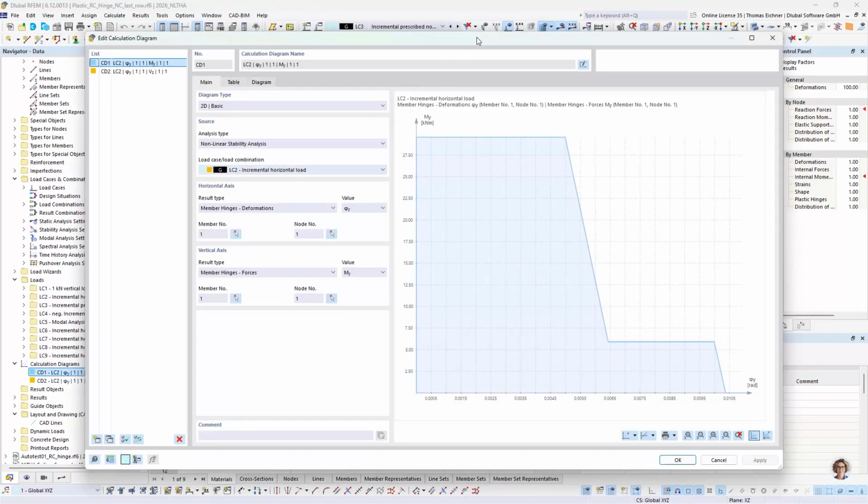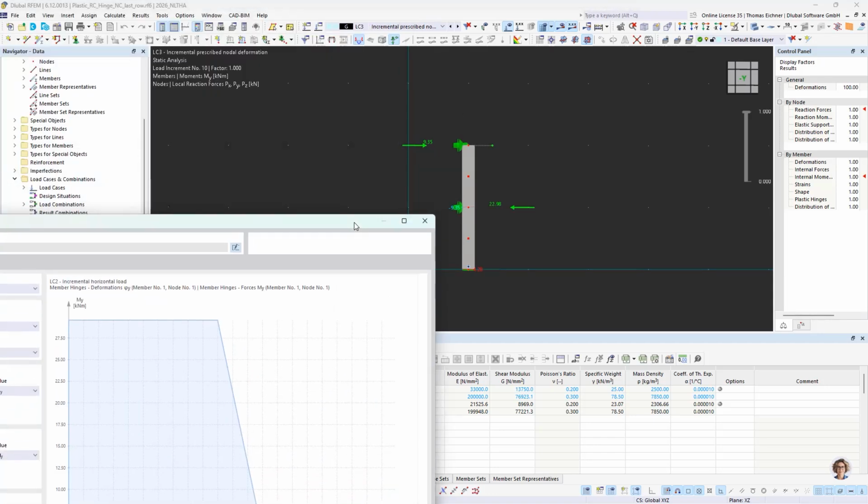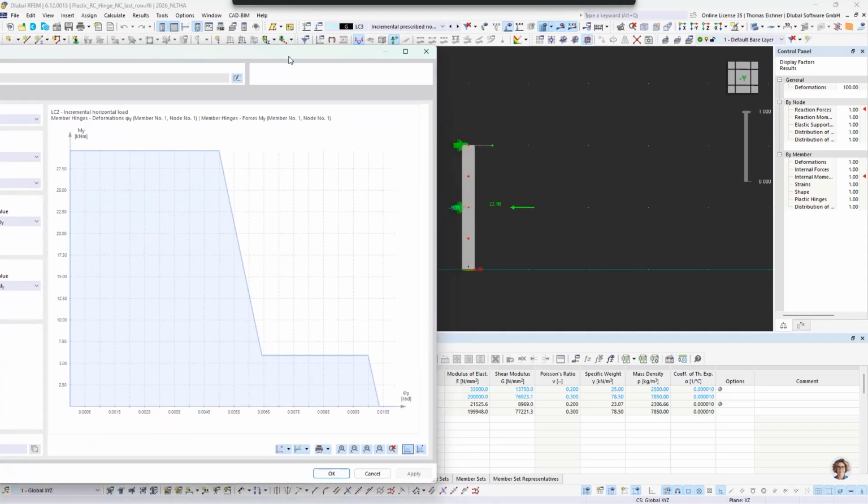So we will go here. That's the backbone curve of our hinge. We have a reinforced concrete beam here. I made the analysis as prescribed nodal deformation, so deformation controlled, and I also made it force controlled.